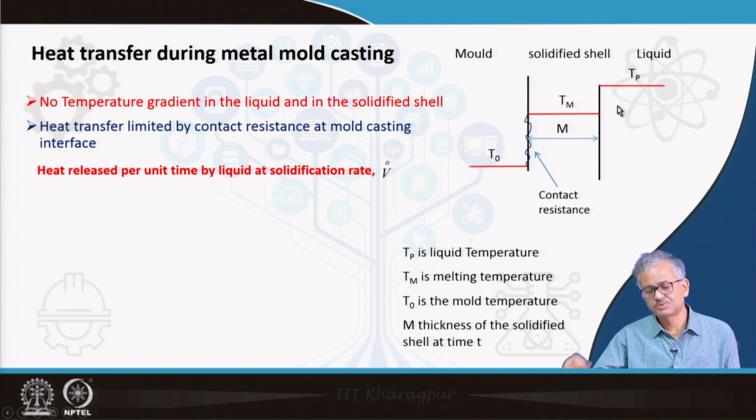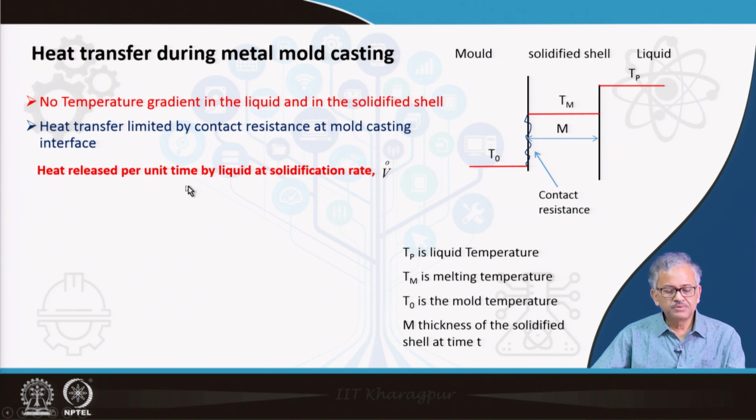It will release sensible heat from Tp to Tm, and then the liquid at Tm to solid at Tm, that much latent heat will also evolve during solidification. So all this heat has to pass through this contact resistance. There is no resistance in the solidified shell, only the resistance I am considering here. So we can easily calculate what is the flux going through the contact resistance and the heat evolved.